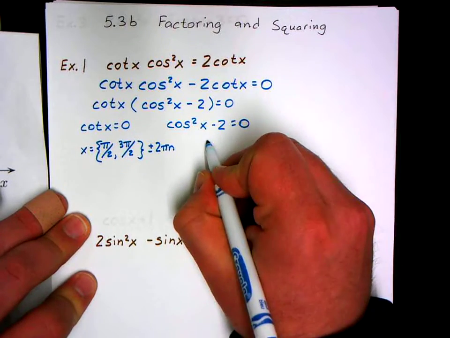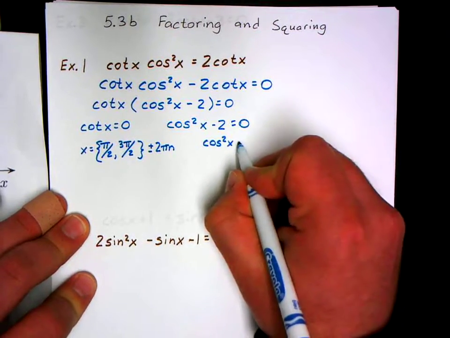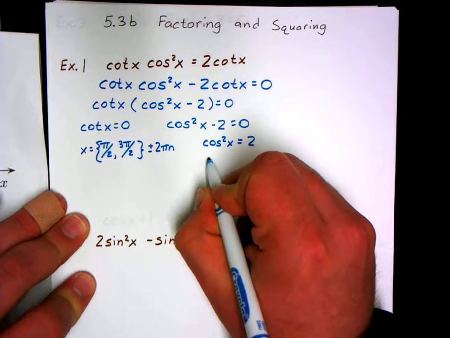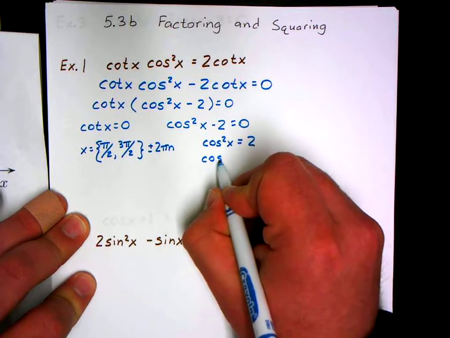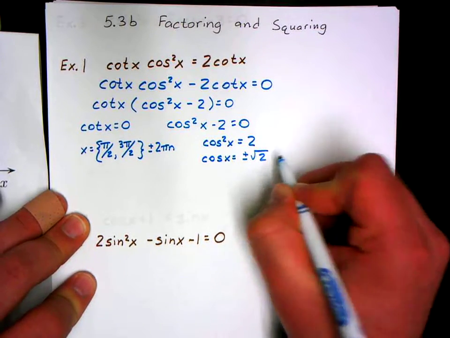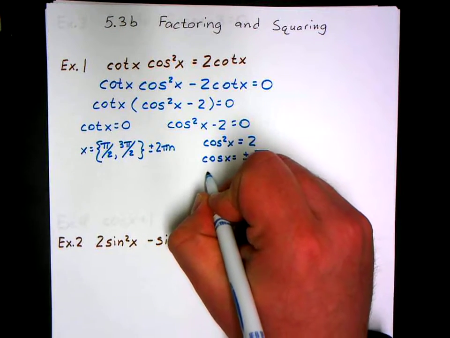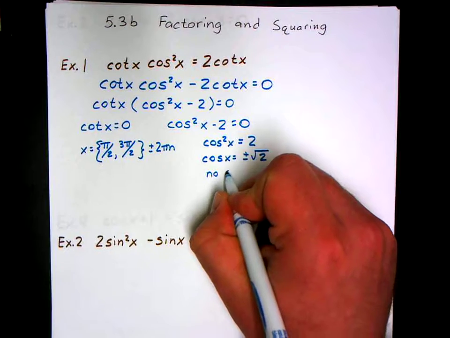Okay, over here, I get cosine squared of x equals 2. So cosine of x equals plus or minus square root of 2. This one, I'm going to tell you this one has no solution. Why?